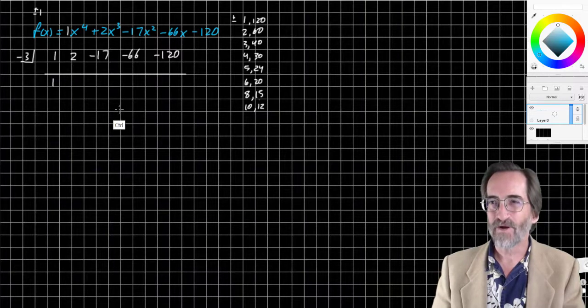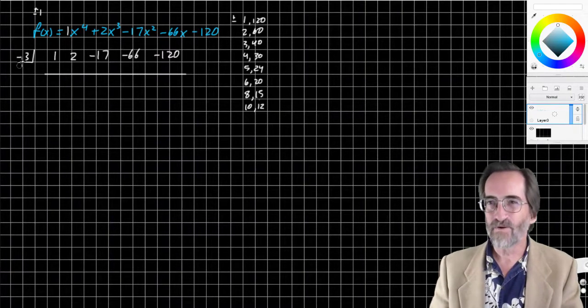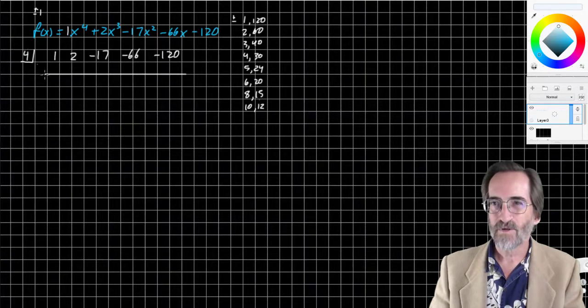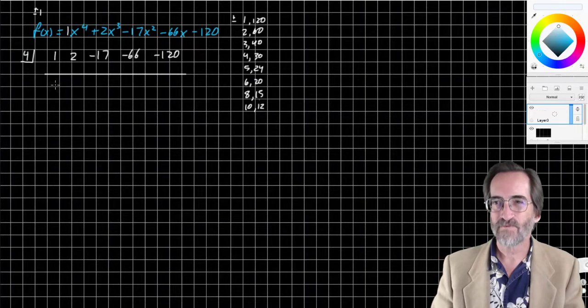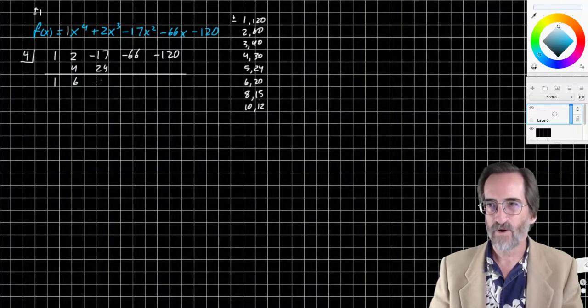All right, but let's try 4. All right, you can get a feel for this guess and check approach to it. You're going to be doing a lot of false paths, dead end paths. Okay, 4. Okay, 4 and 2 is 6. 6 times 4 is 24.